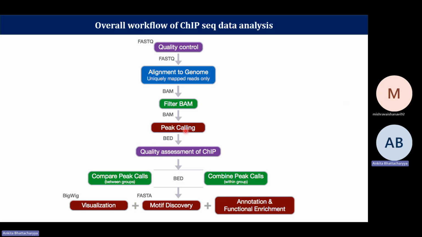The peak calling basically tells you where has that particular peak come from, and there are tools to do that as well. And then finally, you analyze the assessment quality of your chip experiment. You compare peak calls between groups, and within each group also you combine your peak calls and then come to a conclusion.